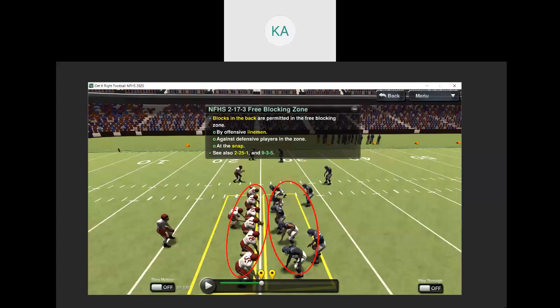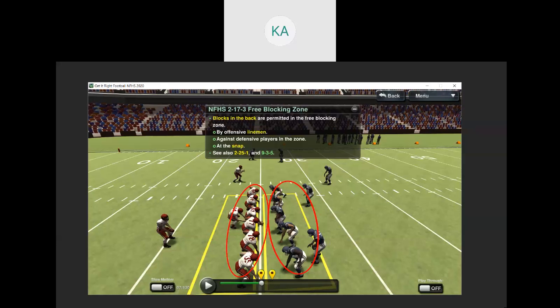As we talk about block in the back, the block in the back is legal by any of these offensive linemen, and they've got to be on the line, against any defensive player who's in the zone. So we've got this guy right here that we showed earlier that's going to get blocked in the back by the tight end.